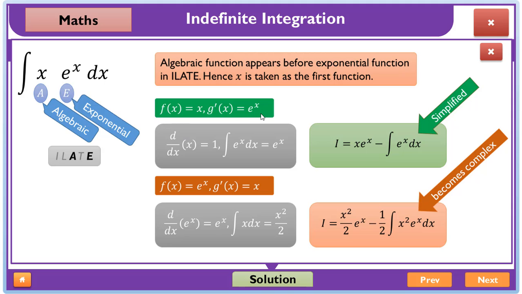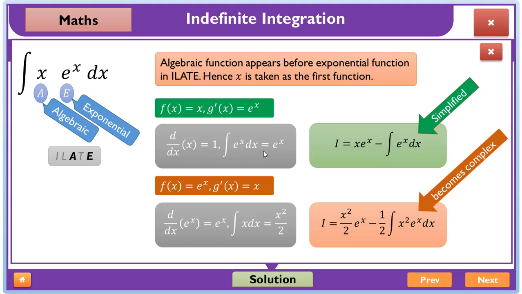So let us take that one naturally. Let f of x be equal to x and g dash of x be equal to e to the power x. Differentiate the first function with respect to x, that gives us 1. Integrate e to the power x with dx, that gives us e to the power x.